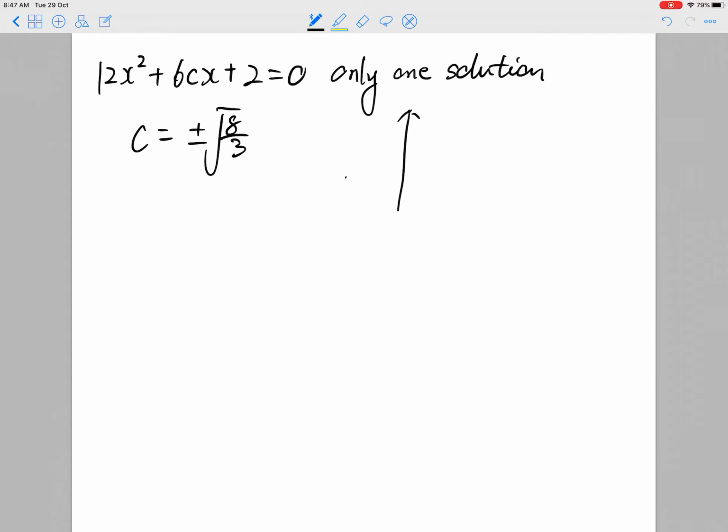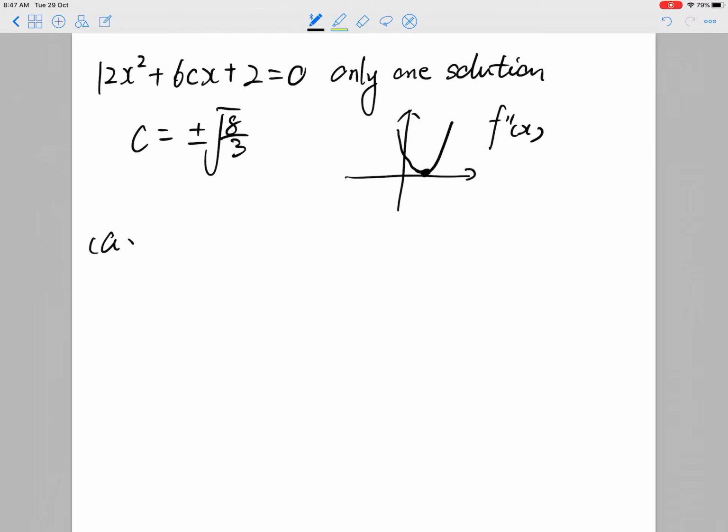Then you check its second order derivative. It's a quadratic function and there's only one solution, which means before and after this point, the second order derivative's sign doesn't change. So when c equals this, even if there is a solution such that second order derivative equals 0, because the sign doesn't change before and after, there's still no inflection point.